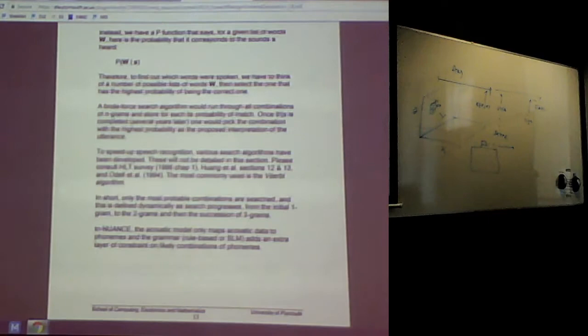So if one day you're interested in implementing a smart search tool, look at this. Apparently, what Nuance does is narrow down as quickly as possible the most probable solutions.